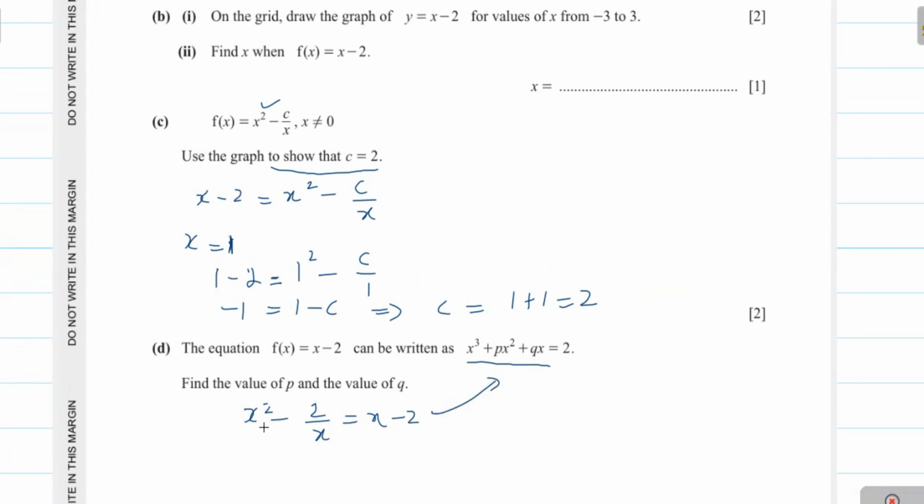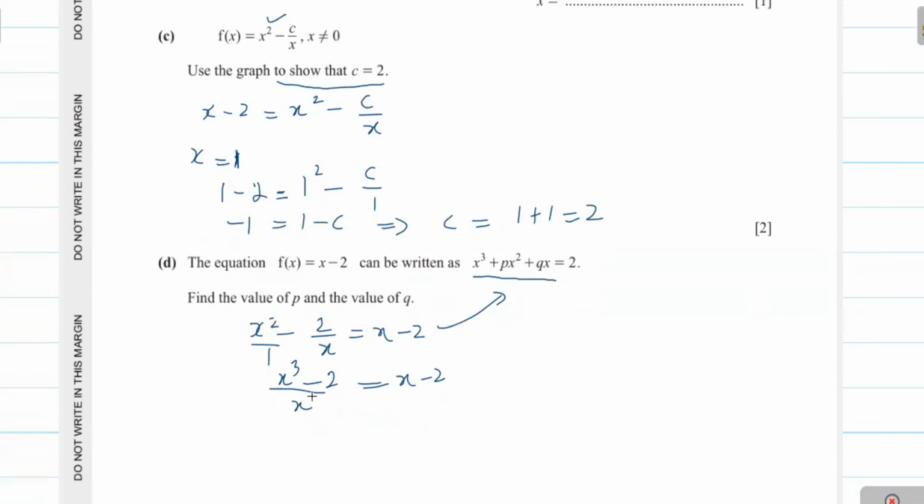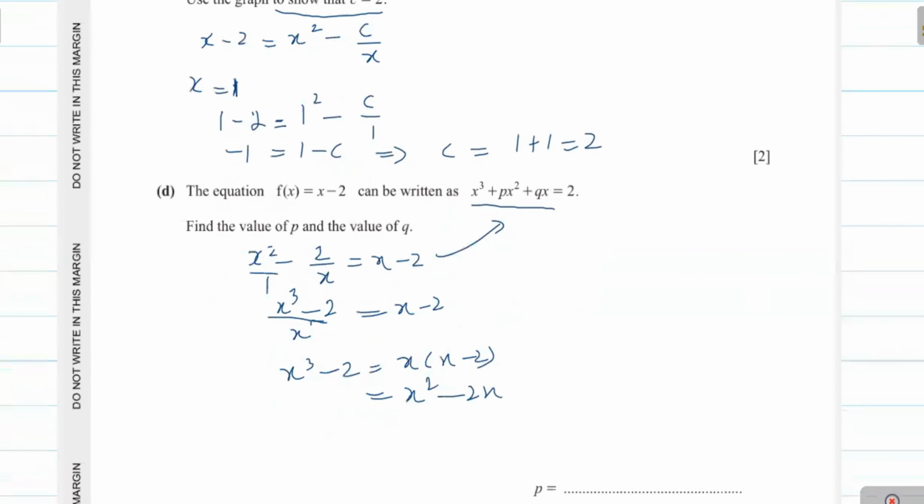Since x is the LCM, we can write x cubed minus 2 equal to x minus 2, and x will be shifted from left to right side. That becomes x cubed minus 2 equal to x multiply x minus 2. This value becomes x square minus 2x. Now we can write x cubed minus x square plus 2x, and minus 2 we shift from left to right side, and this becomes plus 2.